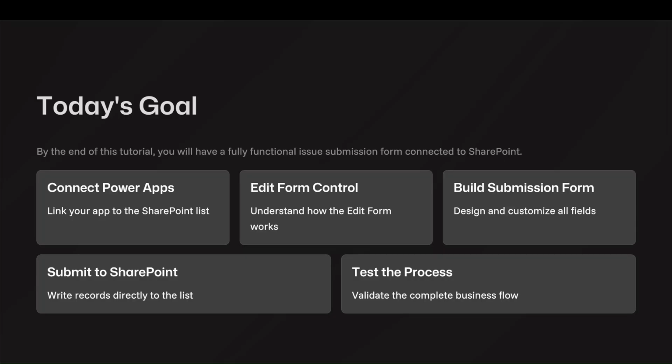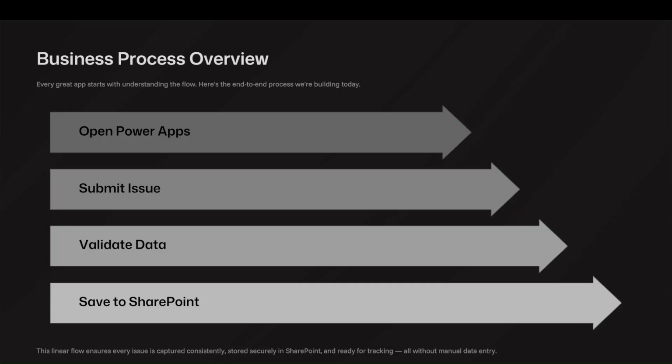Now, instead of sending an email to someone or maintaining a spreadsheet, you just open the issue tracking application, enter the details, click on submit, and that's it. Your issue is submitted on SharePoint, and the record is captured.